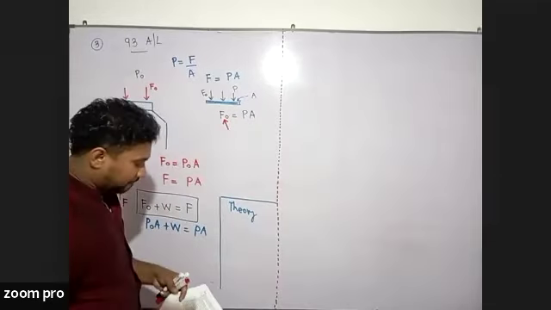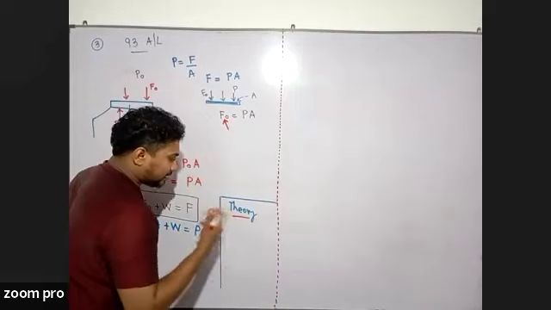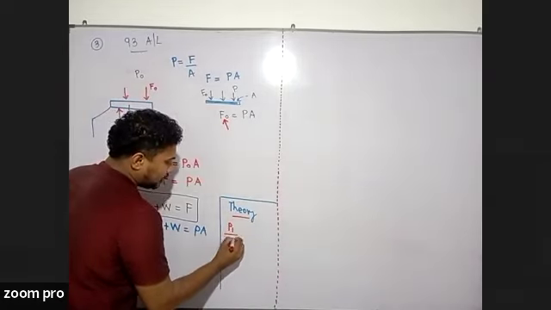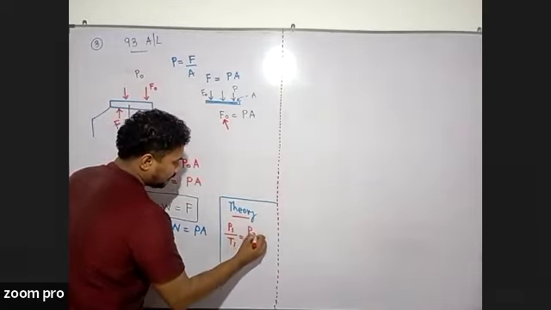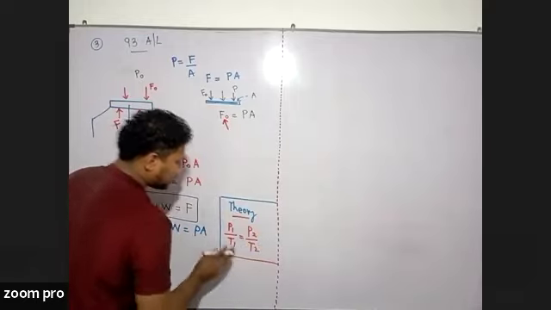In the pressure law, in gases, we have learned that for an ideal fixed mass of gas, when the volume remains at a constant value, this equation can be used, right? Okay, so this is the theory behind this question.